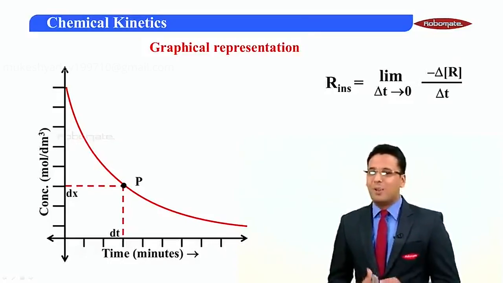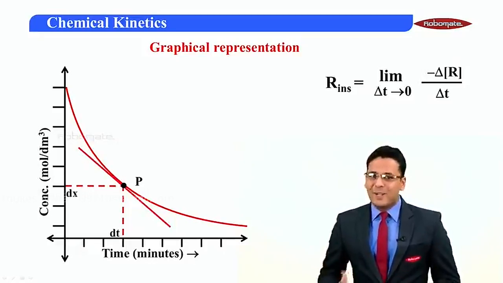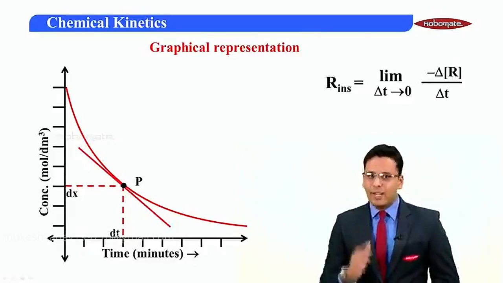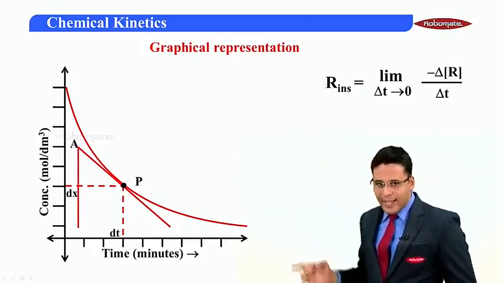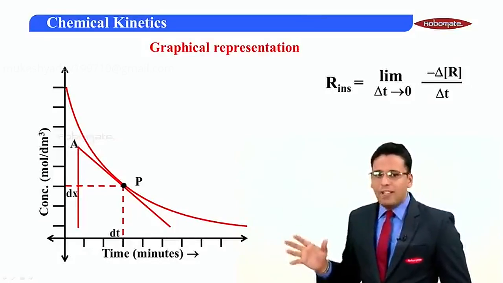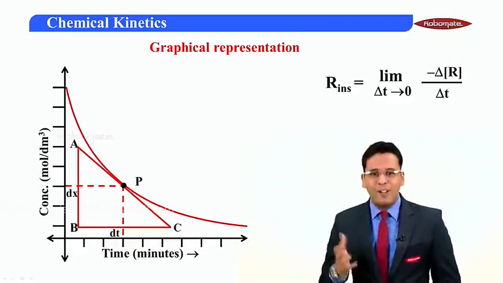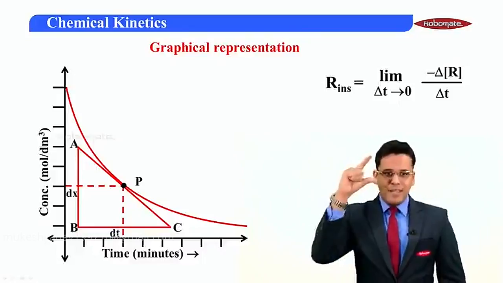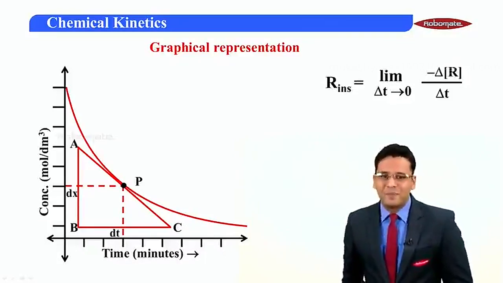So what I'm really doing is I'm drawing a tangent at point P and calculating its slope. For calculating the slope, all you have to do is drop a perpendicular from point A, carry on all the way down till point B, and make a right angle triangle till point C. This AB upon BC will give you the slope of the line.